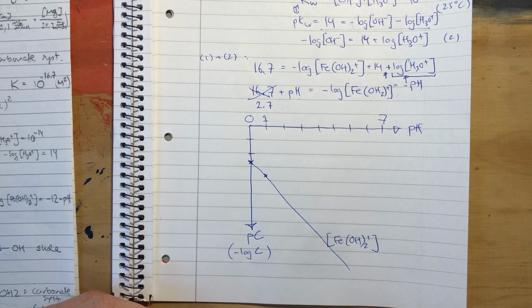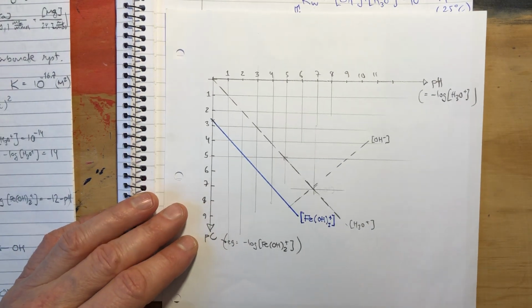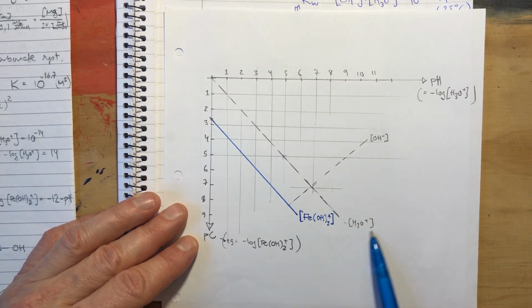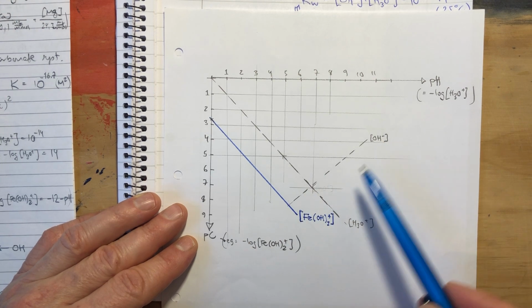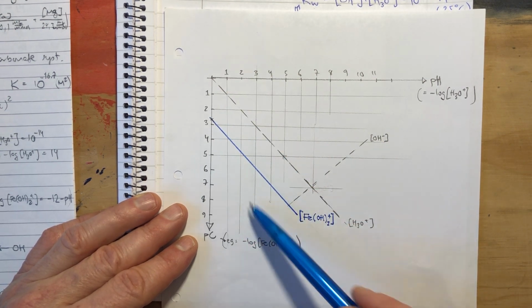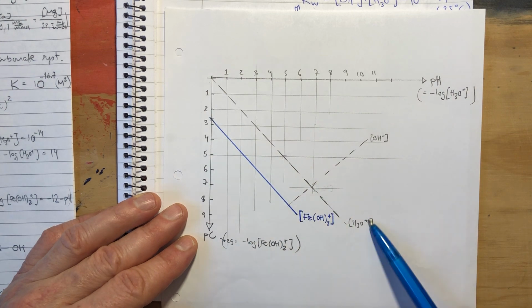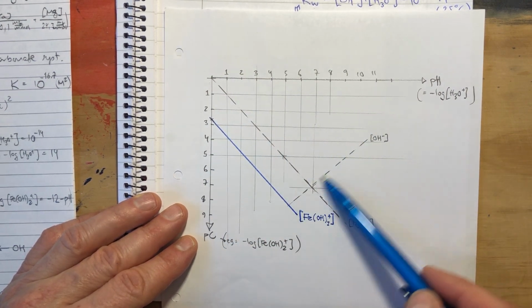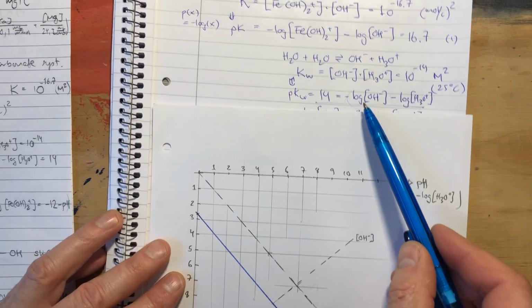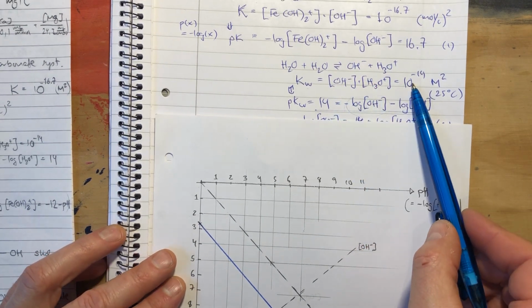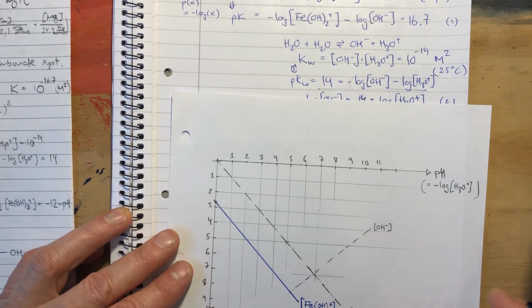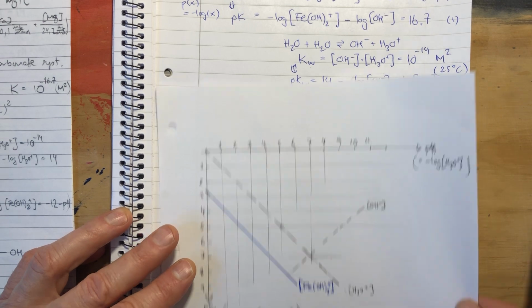I can draw that in a slightly nicer way. I've drawn it here. I have also included the concentration of the H3O plus ion and the OH minus ion. This one has a slope of 1 naturally, because I have pH on both axes. And since we know that the concentration of these two components multiplied together is 10 to the minus 14, that means that the sum of the logs is equal to 14.